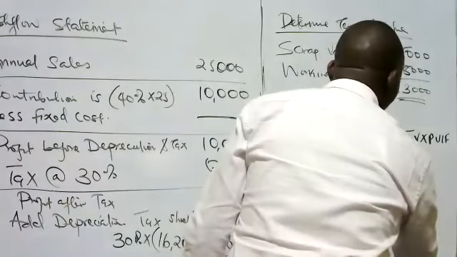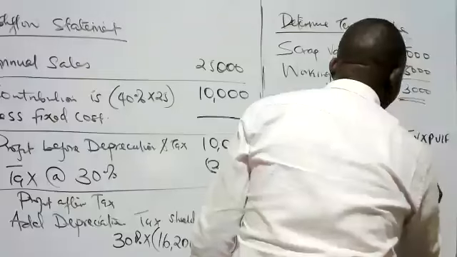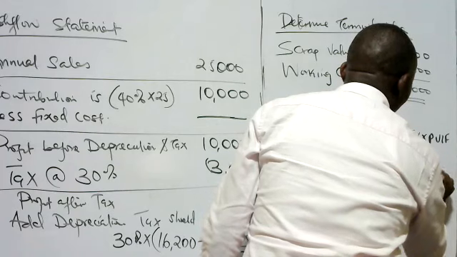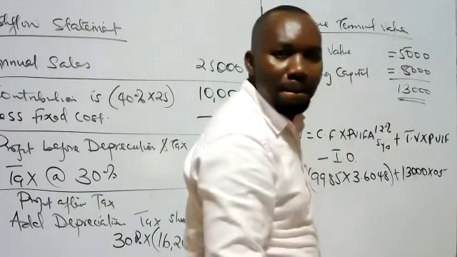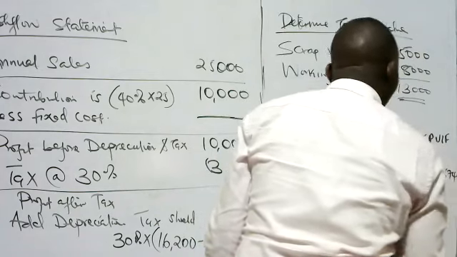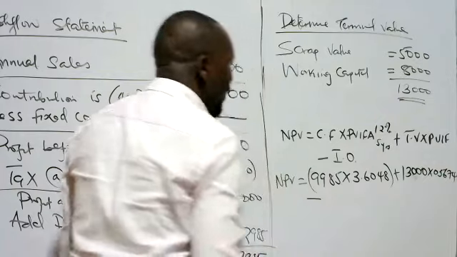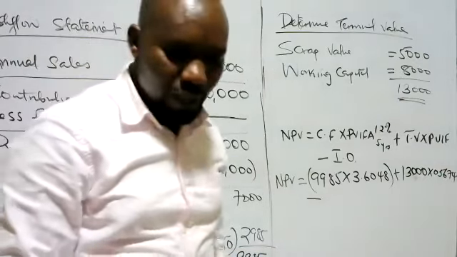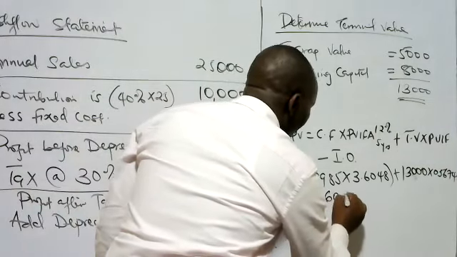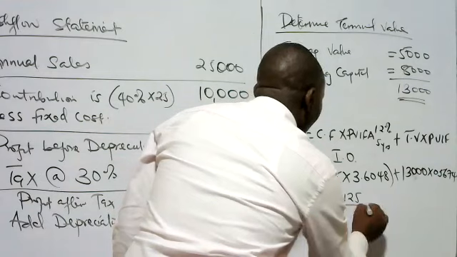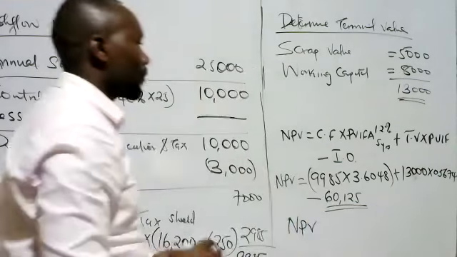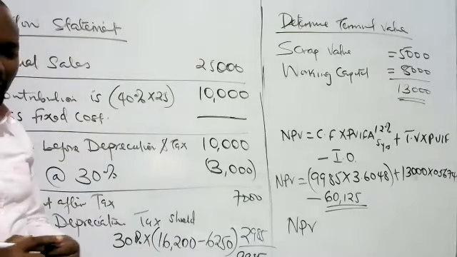So we have 13,000 times 0.5674. All that minus IO. IO we calculated to be 60,125. Get me what NPV is.